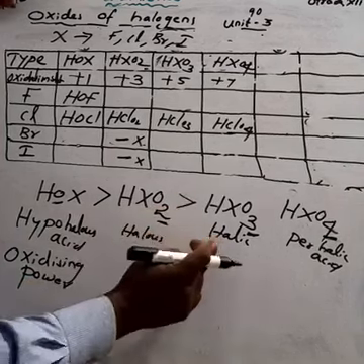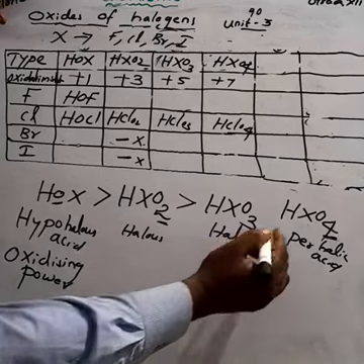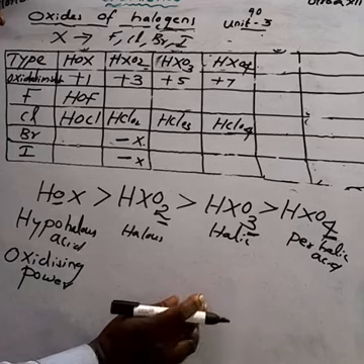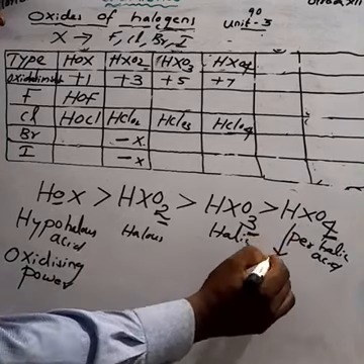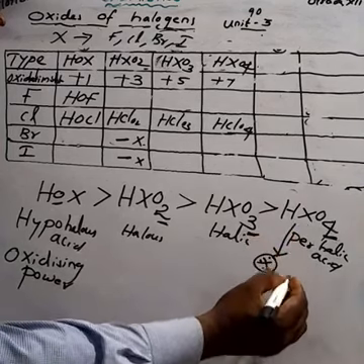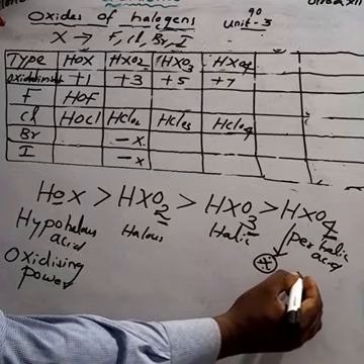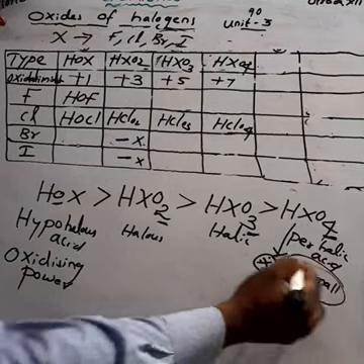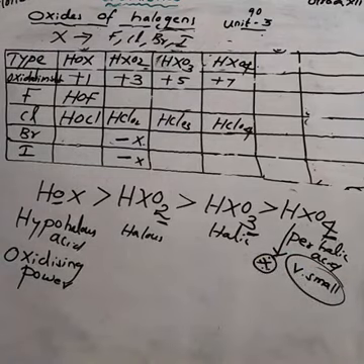The oxidizing power of halic acid is greater than perhalic acid. So don't forget that for the one-word question. The oxidizing power of perhalic acid is very low. Next, come to the examples.